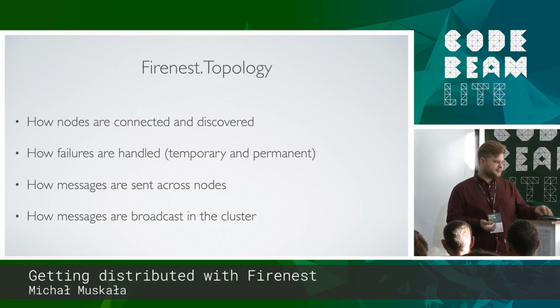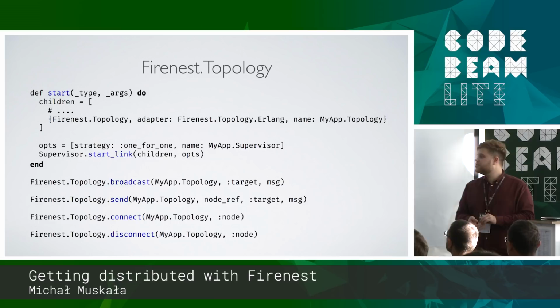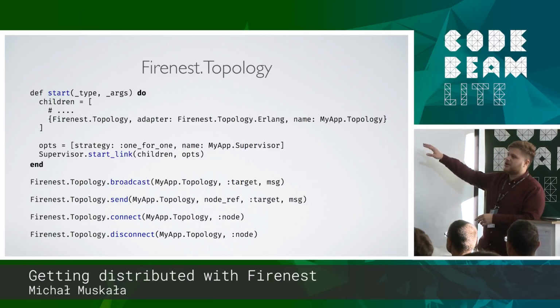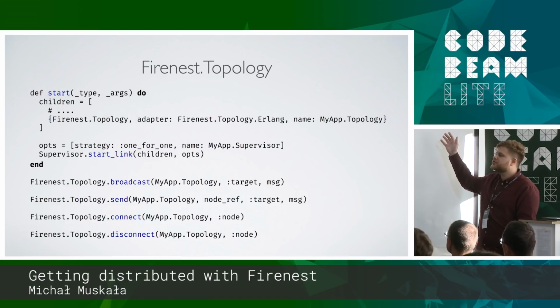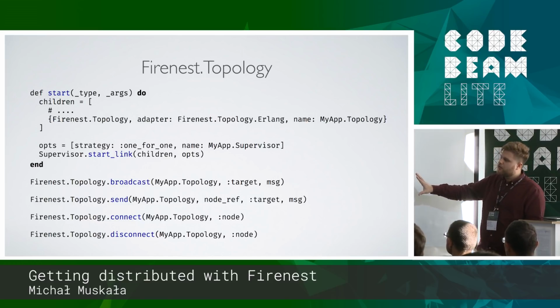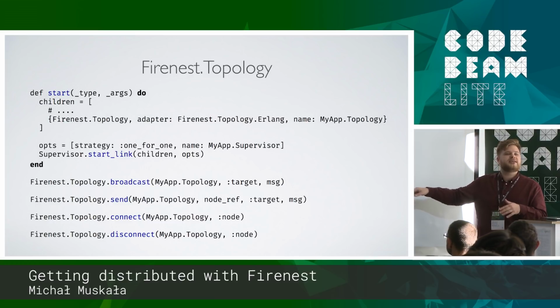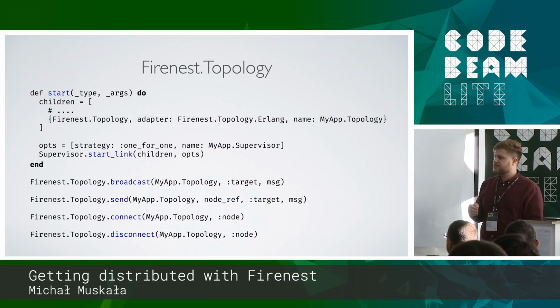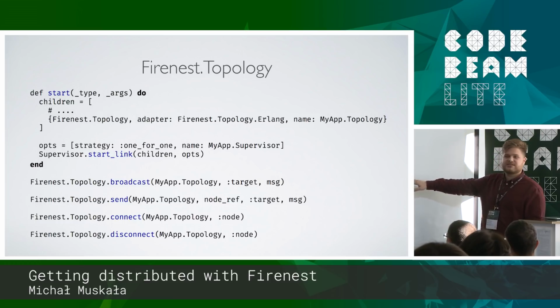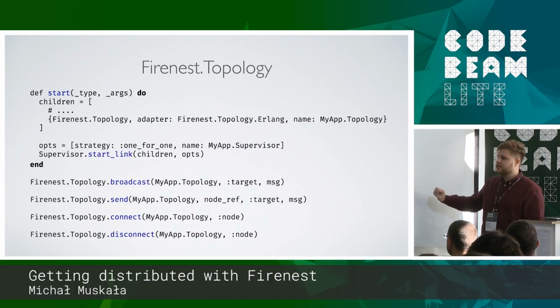So yeah, the topology provides a couple things, right? You start it in your supervision tree, and then you have these 4 main functions, which are connect and disconnect, where you can connect and disconnect nodes from your cluster, and then you can broadcast to a named process on all the nodes, or you can send to a particular named process on a particular node.